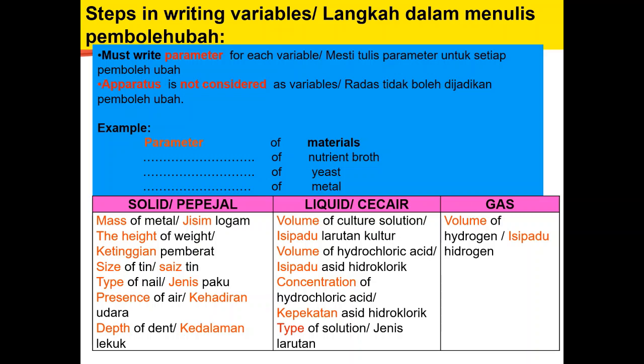For the liquid, they have a few here: the volume, the concentration, and also the type of solution. For the gas, like hydrogen gas, carbon dioxide gas, and oxygen gas, we can only use the parameter volume.